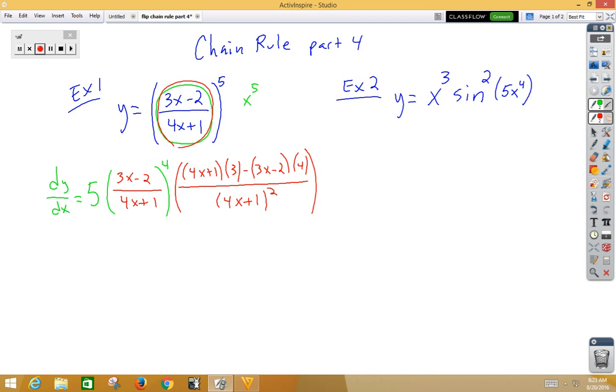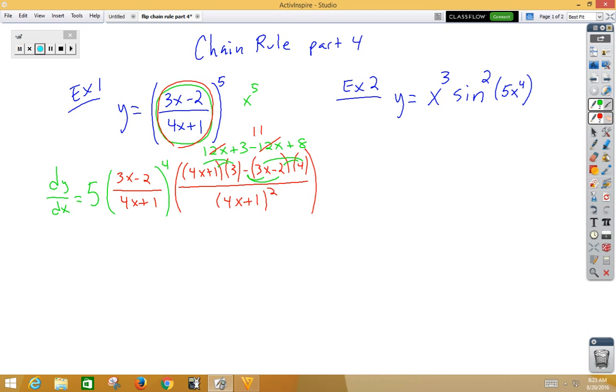We can clean up the top of that by distributing the 3, distributing the 4. Don't forget to distribute this negative as well. So 12x plus 3 minus 12x plus 8. Our 12x's cancel out, leaving an 11 on top.